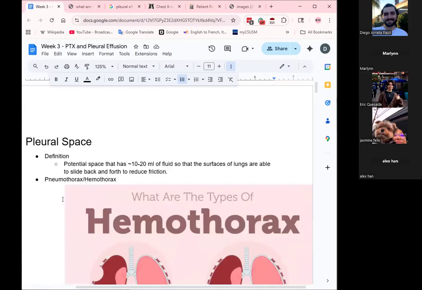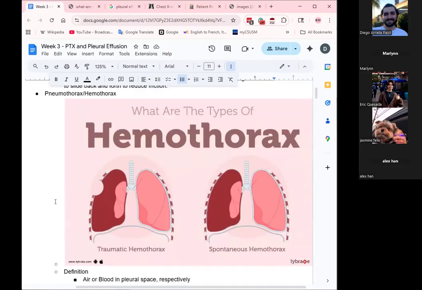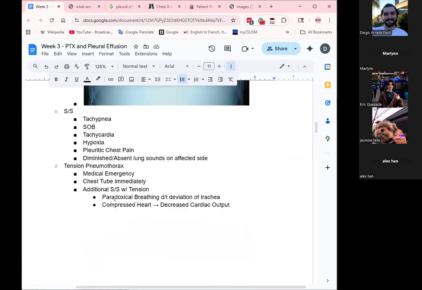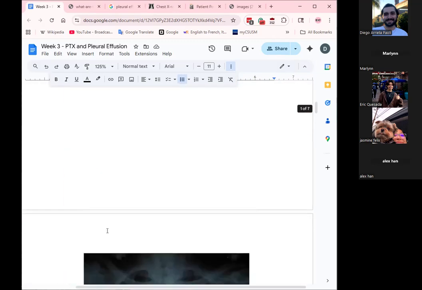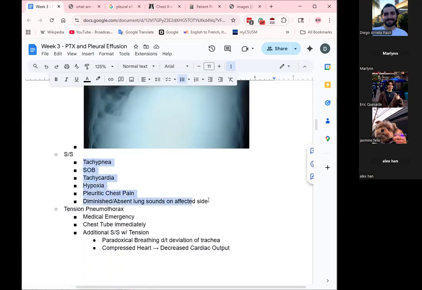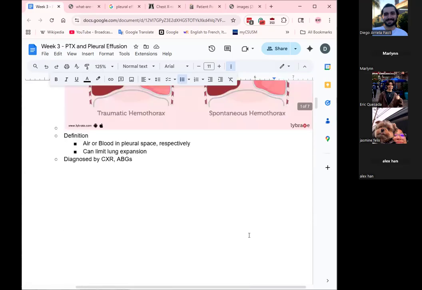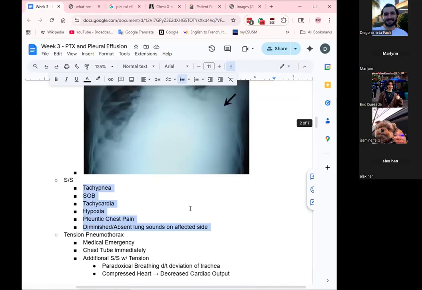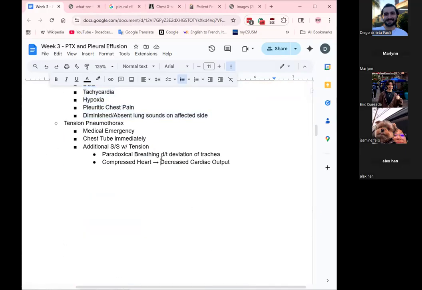What's the difference between the pleural effusion and the hemo and pneumothorax? It would just be severity. With pleural effusions, the patient might have a harder time breathing, but they're not going to be in distress, while with the pneumothorax, the patient's going to have all of this stuff going on, which is why they need the more invasive procedure, the chest tube, because that goes directly into your lungs, while the thoracentesis is an in and out.